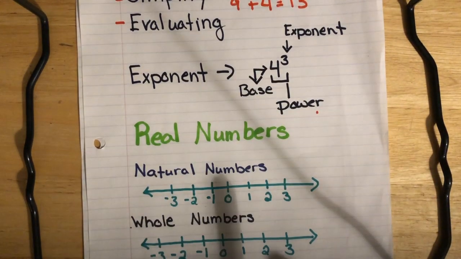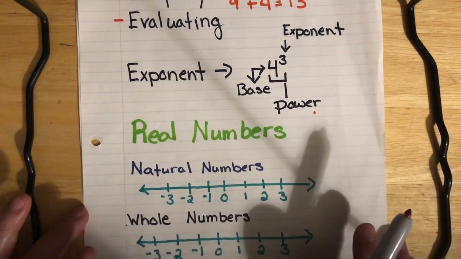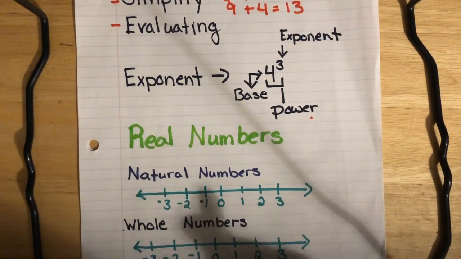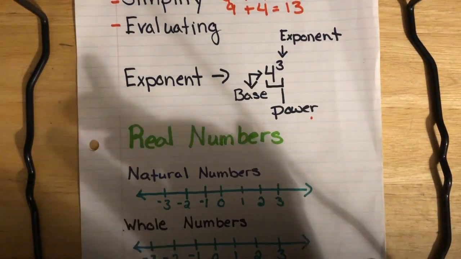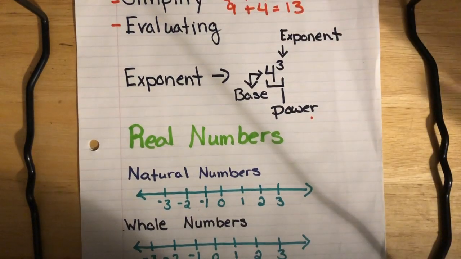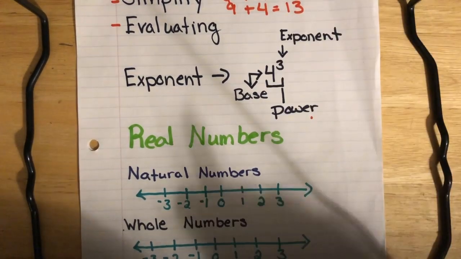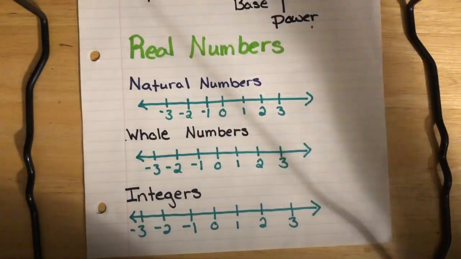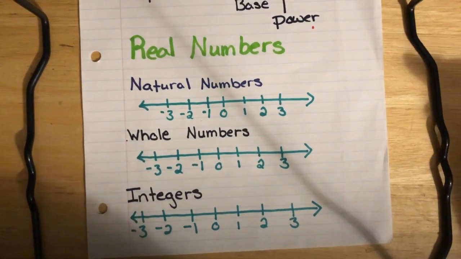Now, real numbers. In real numbers, we have rational and irrational numbers. Real numbers can also be split into 3 sections. Natural numbers.